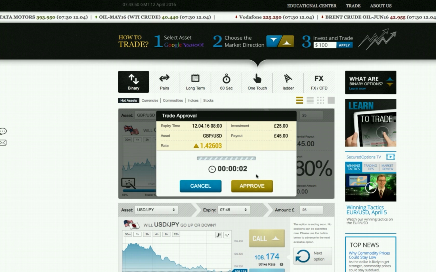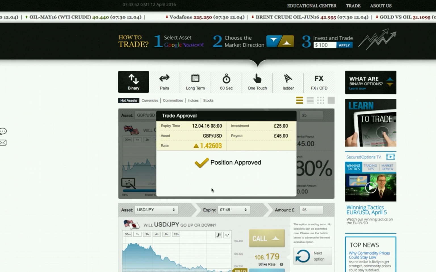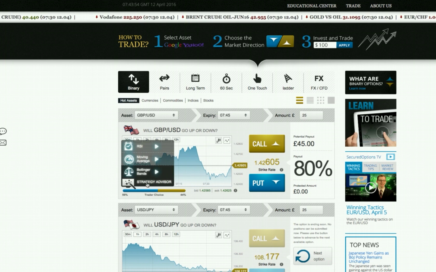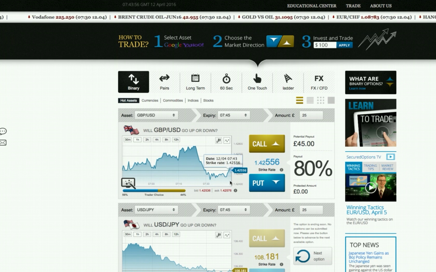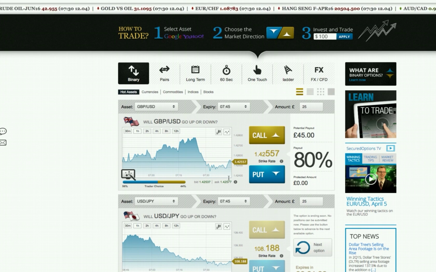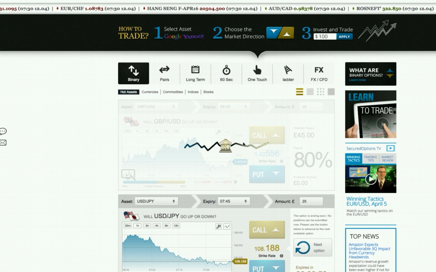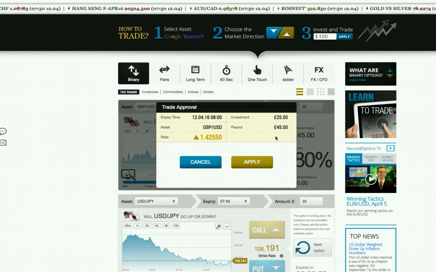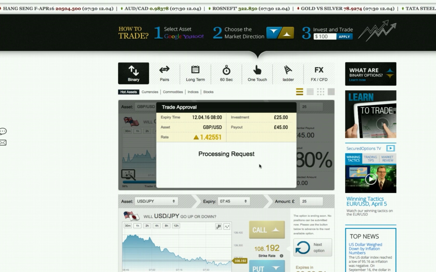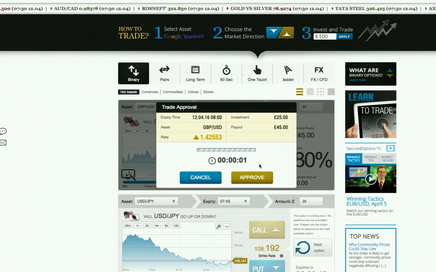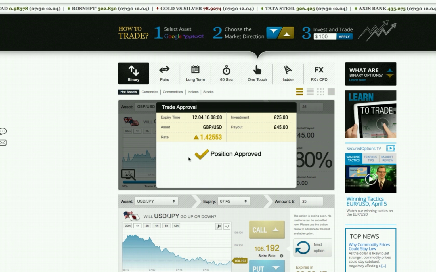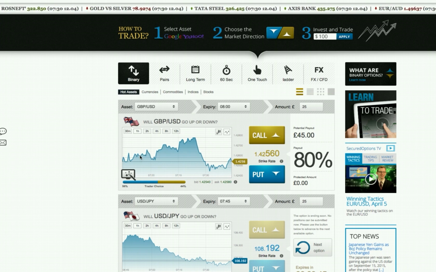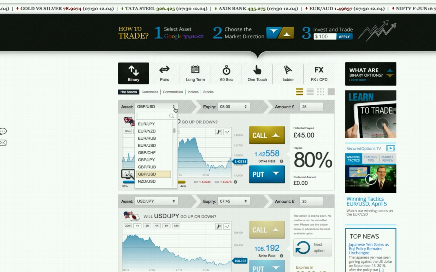I might be taking these positions a little bit late, because as you can see, the price is really spiking up in anticipation of the news. The next one I will take will be for 8 o'clock, and I will take another call. Okay, my position is approved.